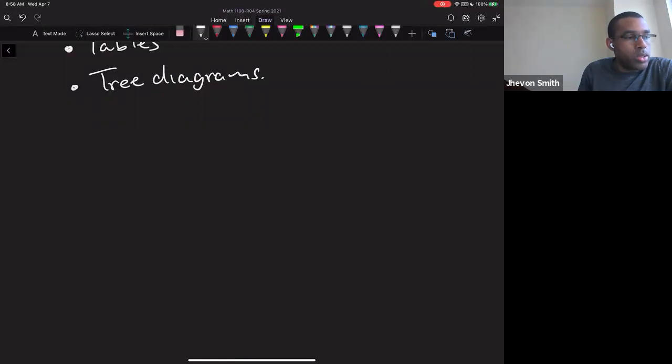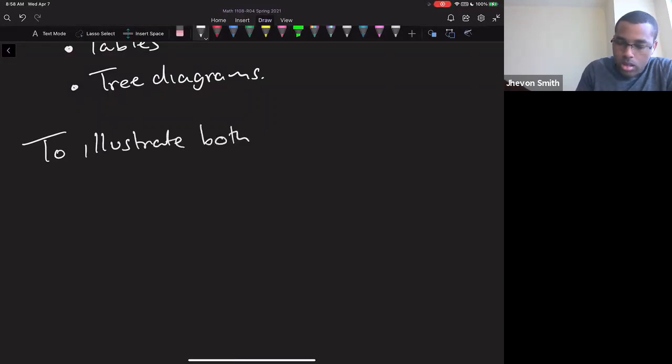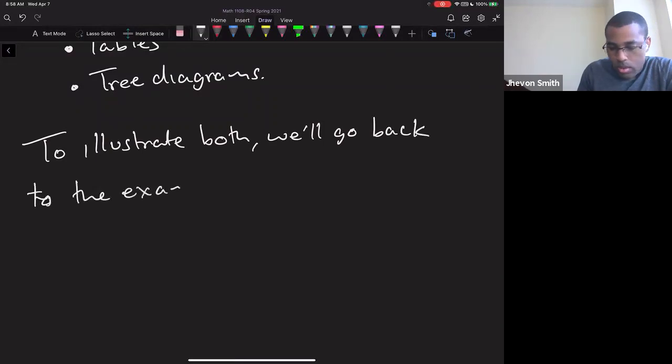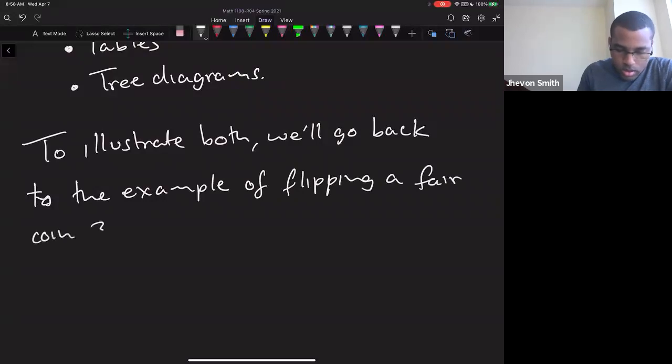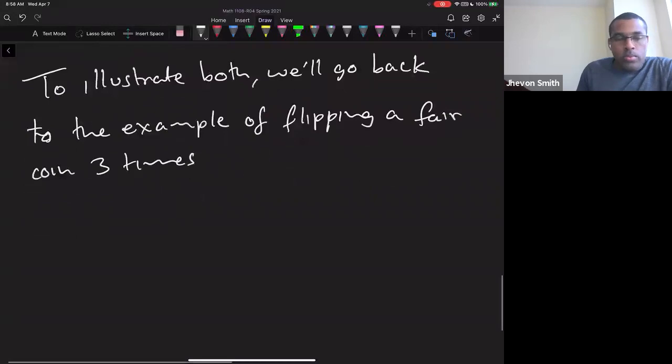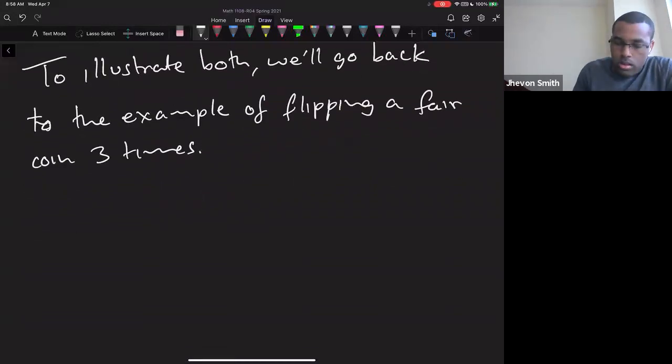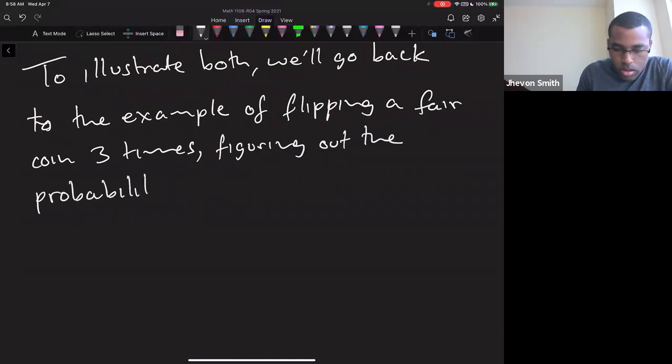Let's talk about, to illustrate both, we'll go back to the example of flipping a fair coin 3 times, and figuring out the probability of 2 showing heads.